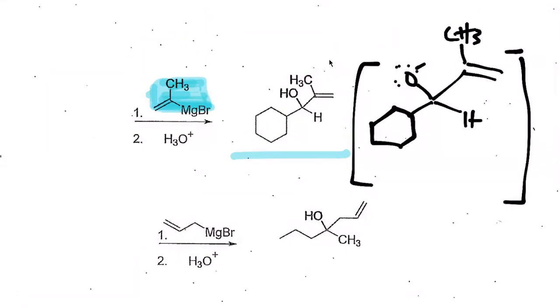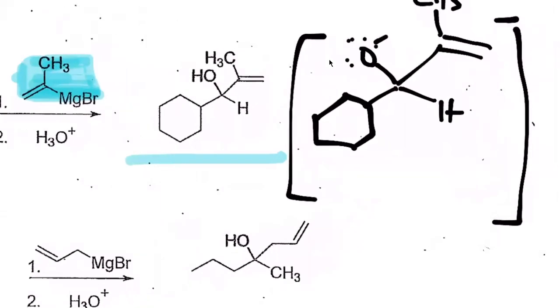So where are your arrows going in this? Wouldn't the O form a bond? You would draw an arrow from the electrons to the bond beneath the oxygen, because you want to reform that pi bond. And then I would break the bond on the right of that and put the electrons on this carbon right here.